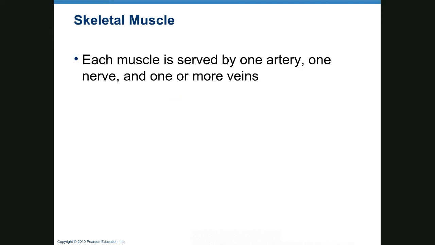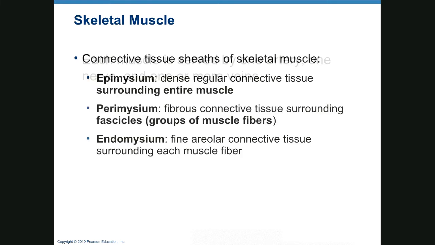Okay, each muscle is going to be served by one artery, one vein, and one nerve, at least. Muscle, this is again skeletal muscle, has connective tissue sheaths that give it strength and also a connecting point. The epimysium is around the entire muscle.